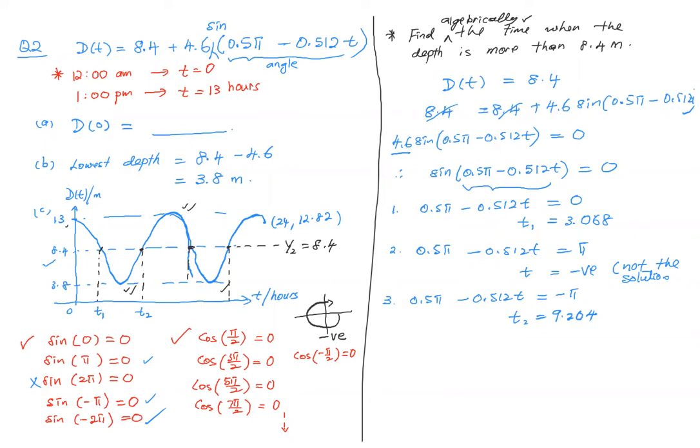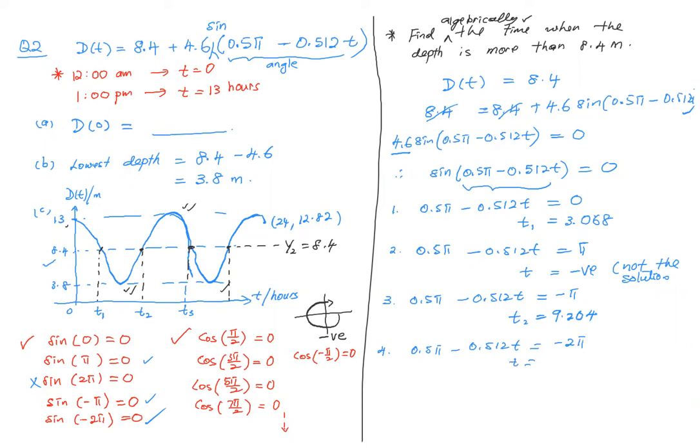I use the graph to show you exactly how it is. So you get your t3. To get your t3 algebraically, you put 0.5 pi minus 0.512t equal to negative 2 pi. So now you get your t.